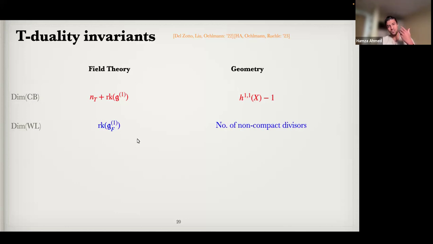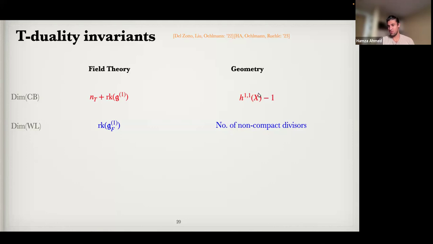And then you have this other quantity, which on the field theory side is what's known as the rank of the flavor symmetry, and on the geometry side, this is the number of non-compact divisors that you have in your geometry. These first two invariants you might find kind of trivial, in that it shouldn't matter what fibration you pick.